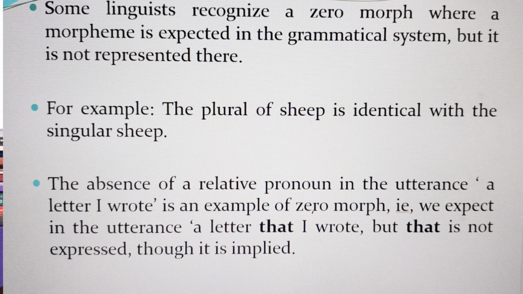Please look at that example. We expect in the utterance "a letter that I wrote", but that is not expressed, though it is implied. Hope you understood all these points.